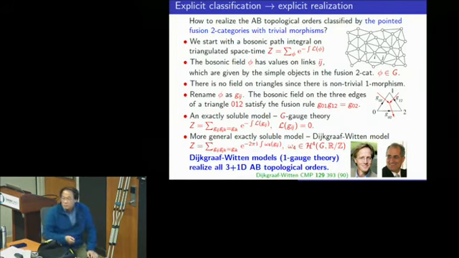Sorry, why can't you add discrete two-form fields to the Lagrangian? Because here we don't have a 1-morphism. By using this, we realize all the boundaries we constructed, so we realize all boson topological orders. We don't need to do that. Your question is a very valid question, because you have more general topological theories.